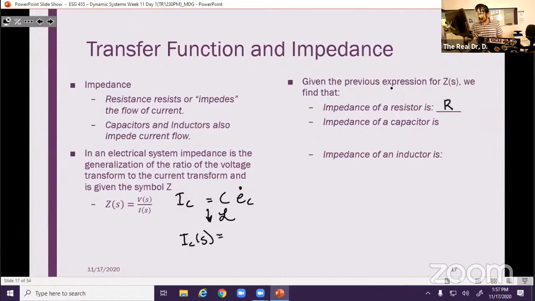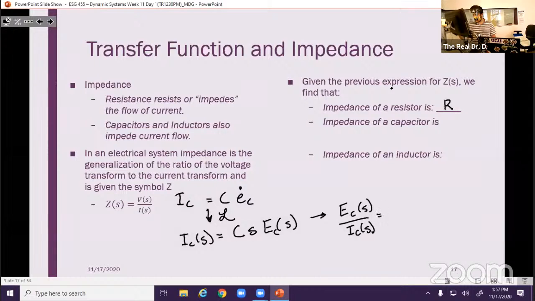I C of S is equal to C S E, there's no dot, capital E C of S. So the impedance is one over C times S.